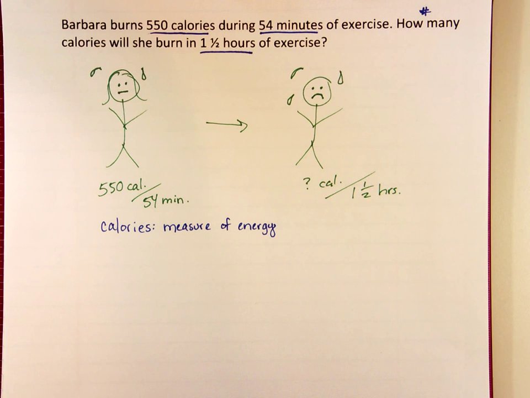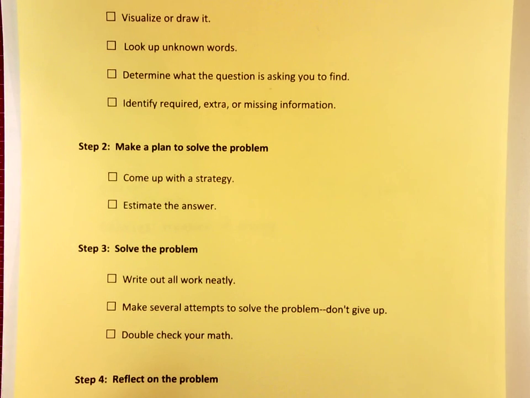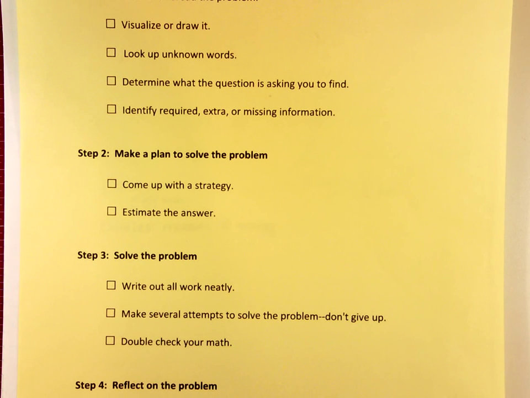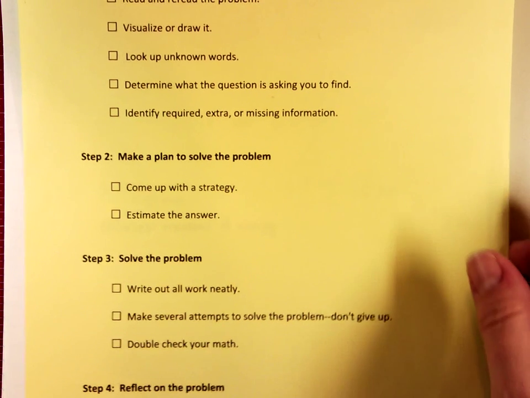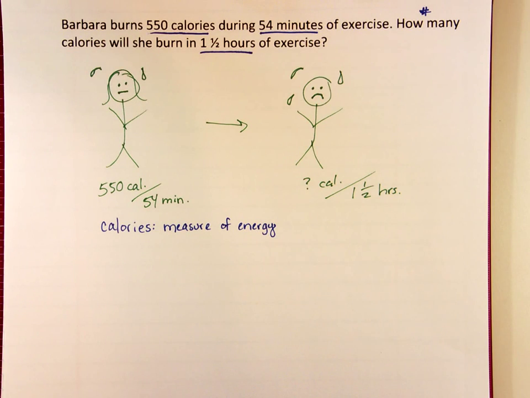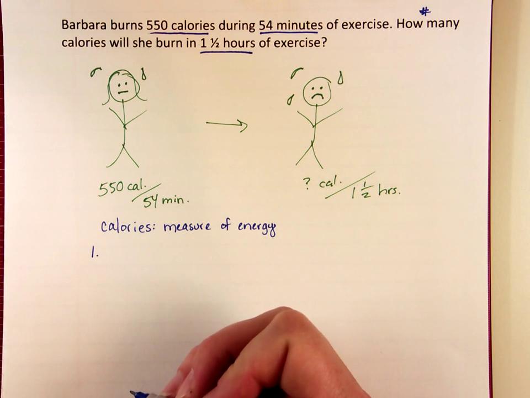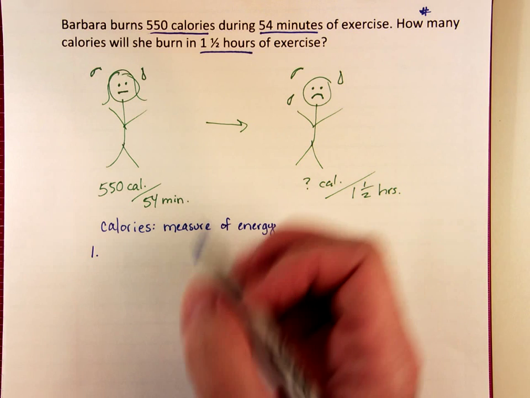Step number 2, make a plan to solve the problem. Come up with a strategy and estimate the answer. My strategy is going to be, I think I'm going to work with this issue here of the minutes and hours that were different.